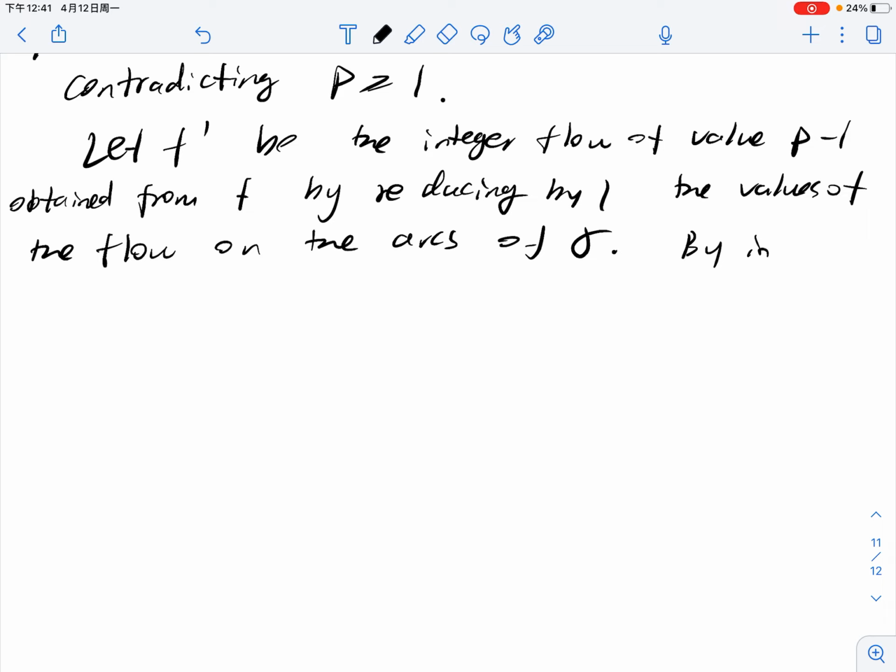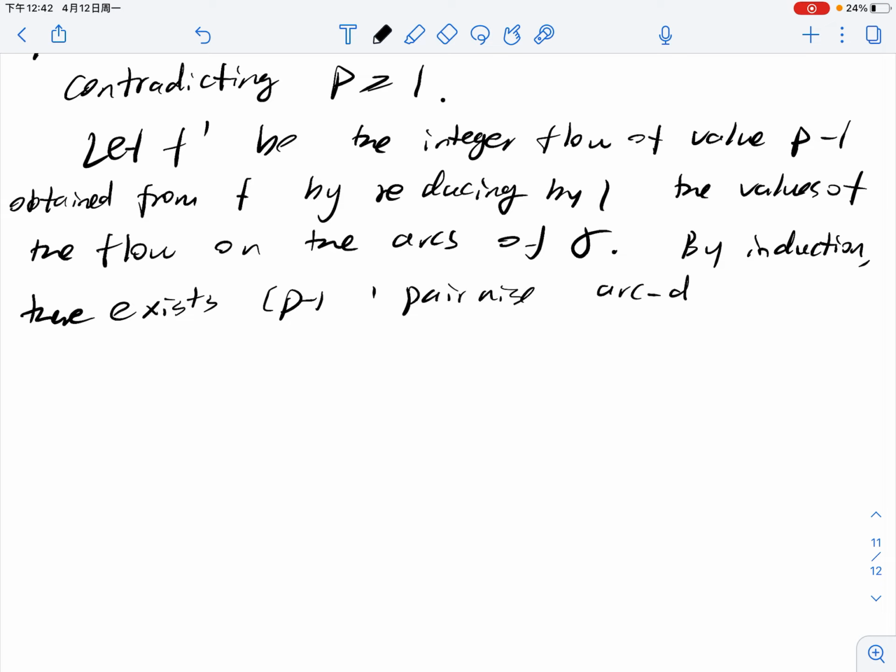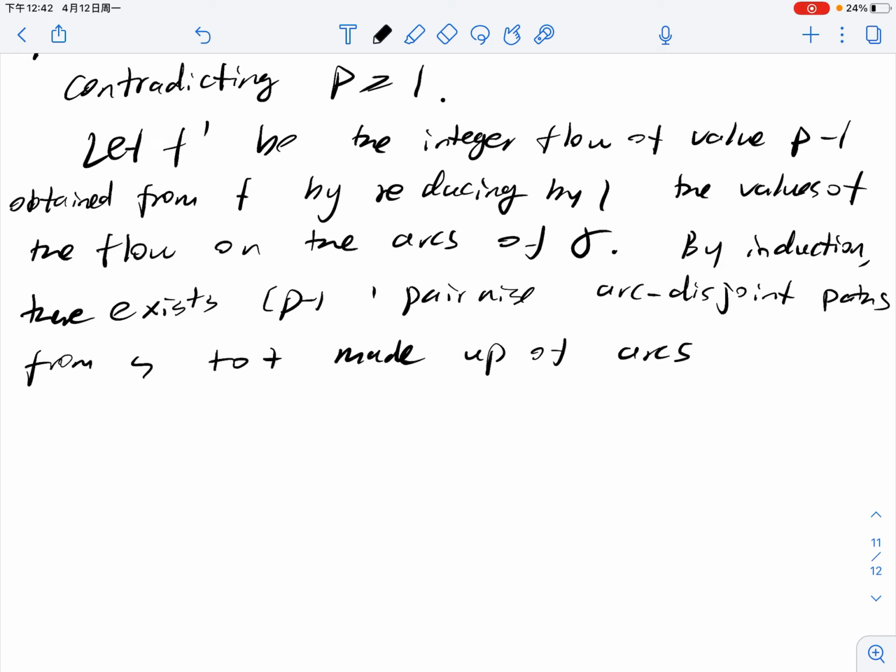Then by induction there exist p minus 1 pairwise arc disjoint paths from S to T made up of arcs chosen by f prime.